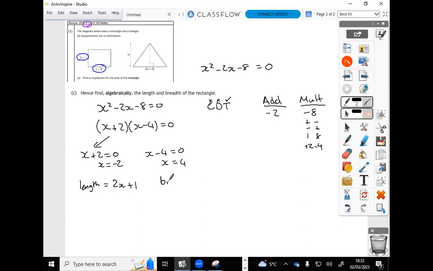Find the breadth using the expression x plus 8. So we have to substitute in one of our solutions. Either x equals negative 2 or x equals 4, wherever we see that x. Now, only one will work.